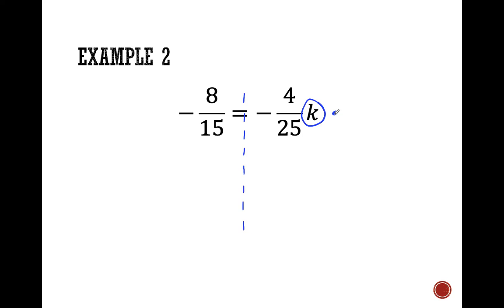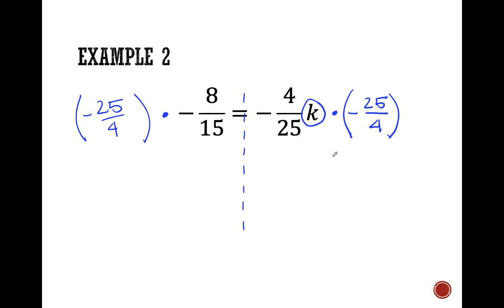So here we're going to multiply both sides by the reciprocal of negative 4/25, which is negative 25/4.